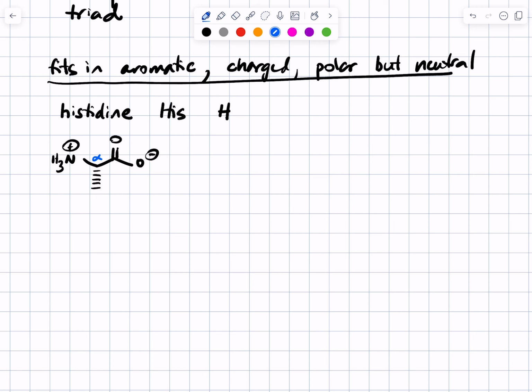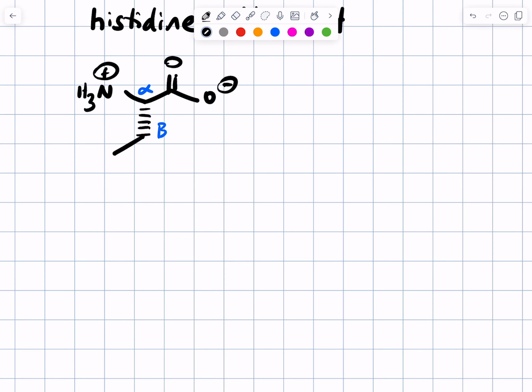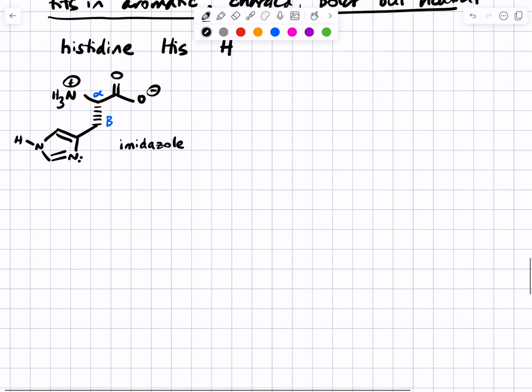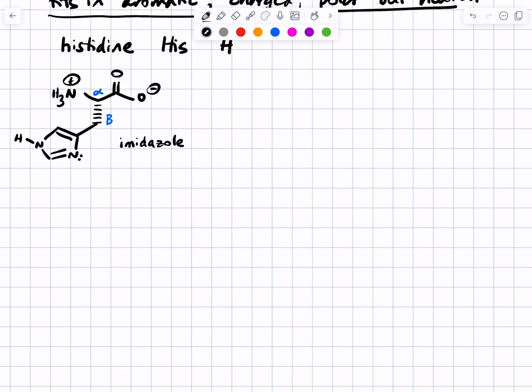Then here's the beta carbon, and the beta carbon is bonded to a ring. I think you've seen this before because we talked about the catalytic triad. The ring has this basic structure, a 5-membered ring with 2 nitrogens, and that functional group in that form is called imidazole.